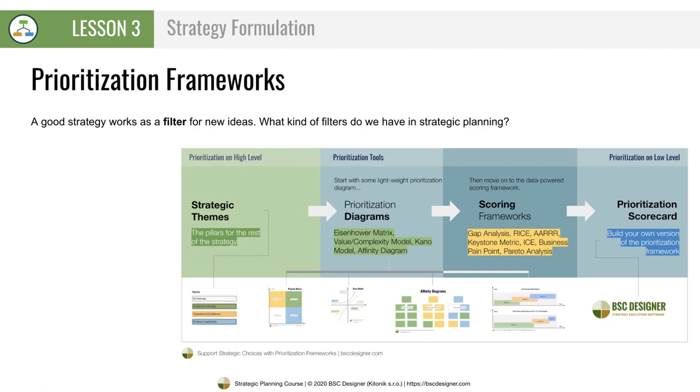There are also some popular prioritization diagrams like the Eisenhower matrix, value complexity model, Kano model, affinity diagram. Similar to SWOT, VRIO, and PESTEL analysis, they add value at the strategy definition step. In the reference for this lesson, I shared the link to the article where we discussed the prioritization frameworks in detail.